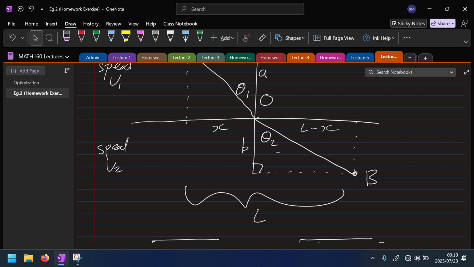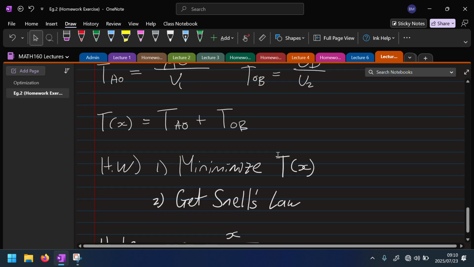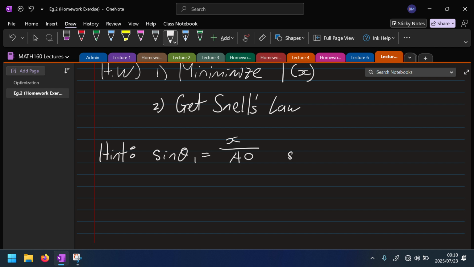Not X, L minus X, yeah? Over OB, good. So you just do that replacement once you do the derivative, and you'll see you get your Snell's law.